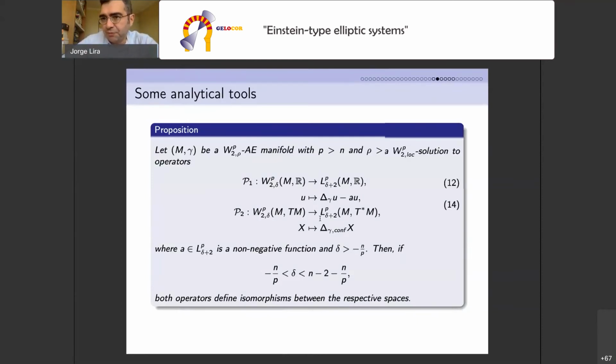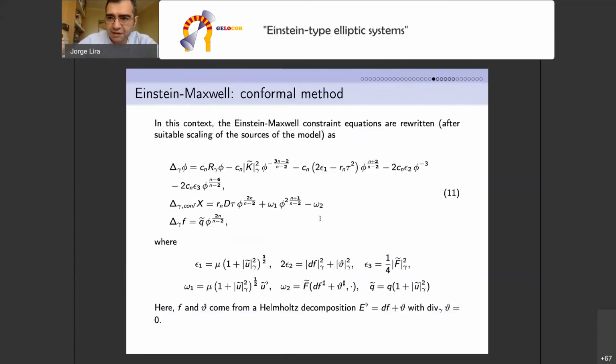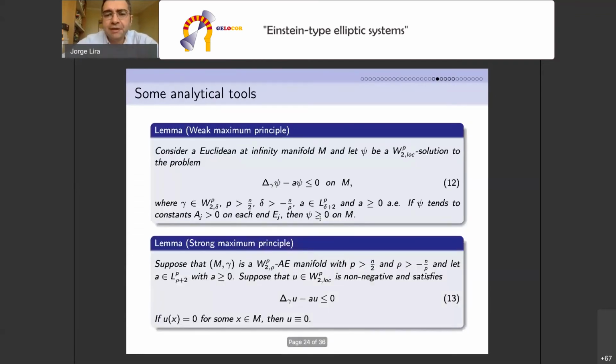Both results are key steps for producing the solution of the system 11, which again encodes the Hamiltonian constraint, the momentum constraint, and the last equation, which corresponds to this Poisson type equation that generates, say, the electromagnetic field.